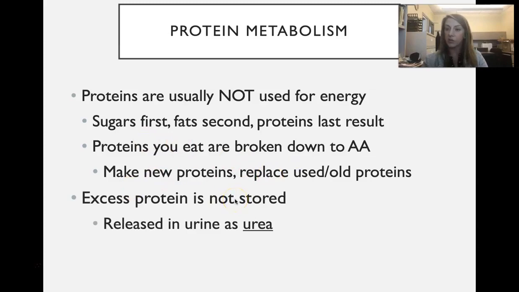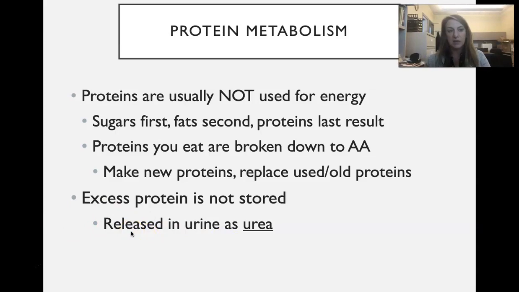Excess protein is not stored. So any of these kinds of really heavy protein diets and building up protein shakes, things like that, they're really not that helpful because you can't store it, right? You have to keep consuming protein in order to have enough amino acids. And so they get released in urine as urea.